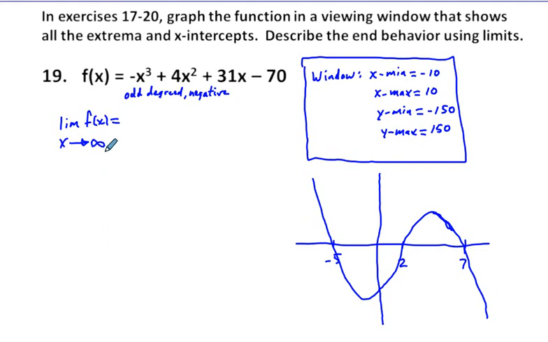And this sketch will help us properly assign our end behavior. As x approaches infinity, the limit as x approaches infinity of f of x equals negative infinity, and the limit as x approaches negative infinity of f of x is equal to infinity. Starts high, ends low.